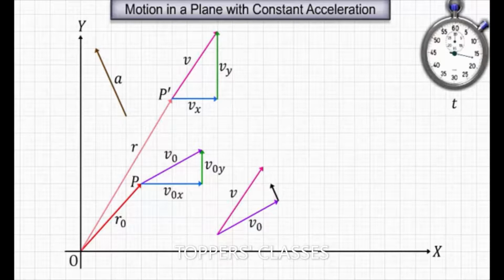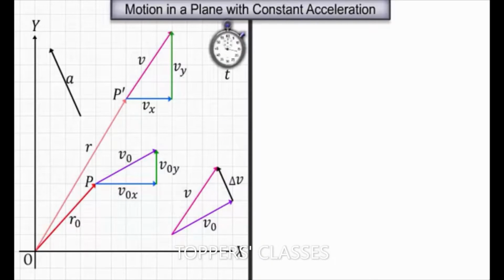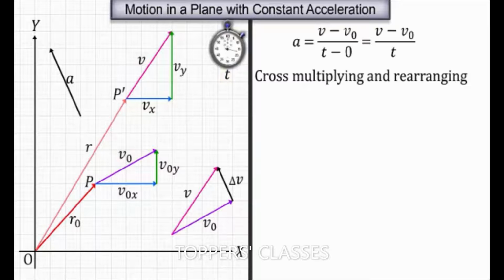Constant acceleration a is equal to change in velocity by time. Thus, a can be written as v minus v0 divided by t minus 0, which is equal to v minus v0 divided by t. Cross multiplying and rearranging, we get v is equal to v0 plus a into t.